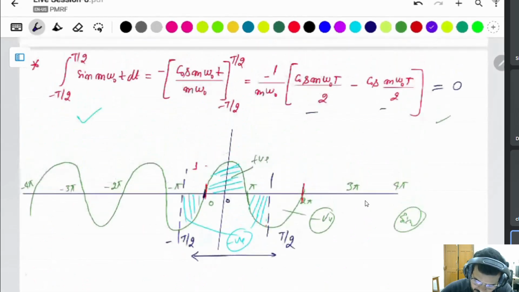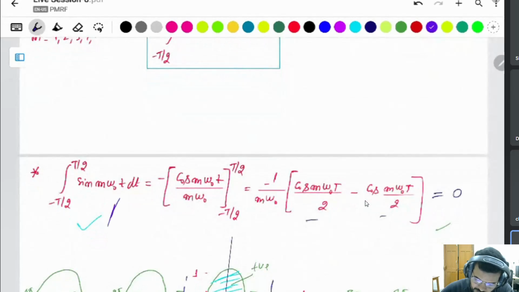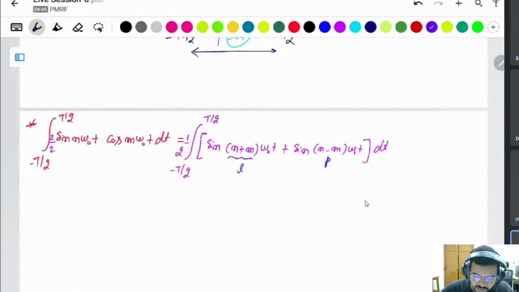Both are the same thing, like sin n omega naught t. The integration is the same over a time period, and this also results in the 0 value. It means if there is a sine and cosine term multiplication, the integration of these two signals is also 0.